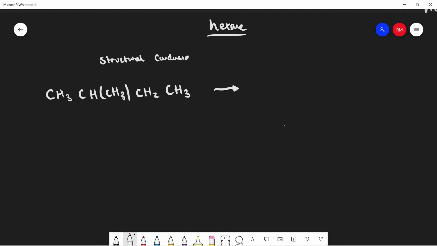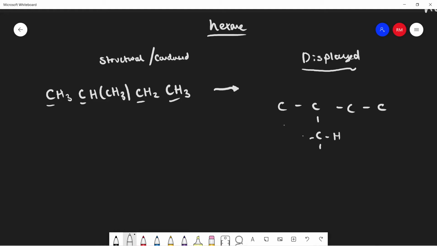Now, you guys try and draw it in displayed formula. So you should have 1, 2, these are your main carbons, 4, and we should have 1 methyl group here, as the displayed formula.